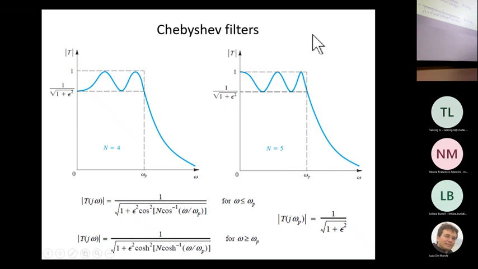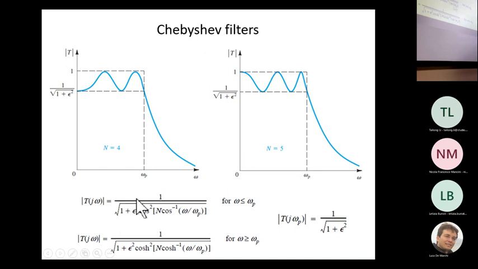Then we can jump to the Chebyshev filter case. Chebyshev filters are characterized by a frequency response like this one. You see that there is a sort of oscillation in the passband region, but you can control the entity of this ripple again by resorting to the parameter epsilon.